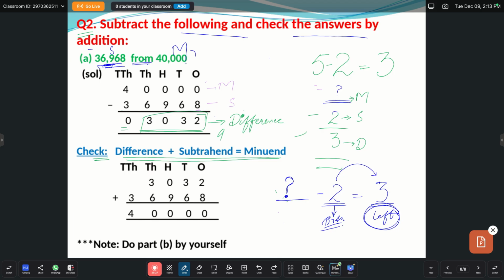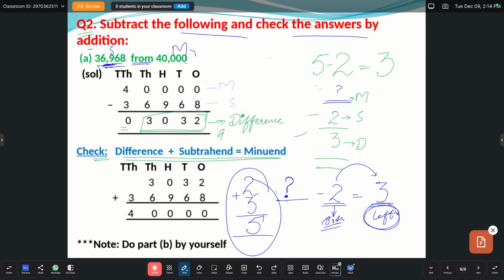You will think like this. My brother took away 2, and I am left with 3 apples. If I add these 2, I will get the total number of apples that I was having in the beginning.